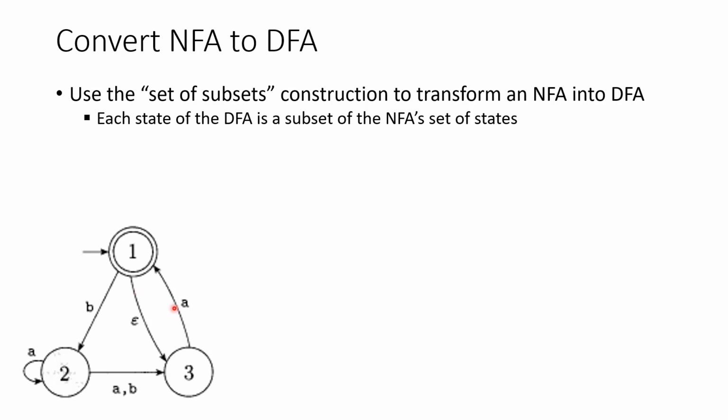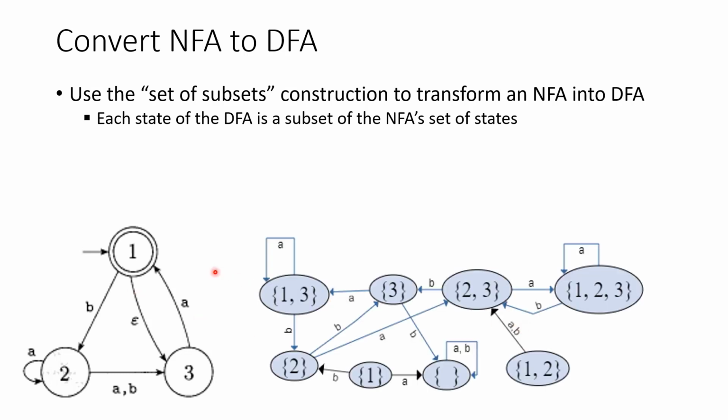For example, consider this NFA, which has 3 states, 1, 2, 3. The DFA that we will convert into will have states, each of which is a subset of the set {1, 2, 3}.